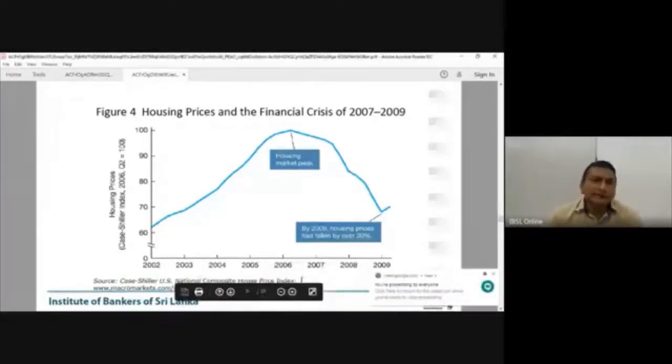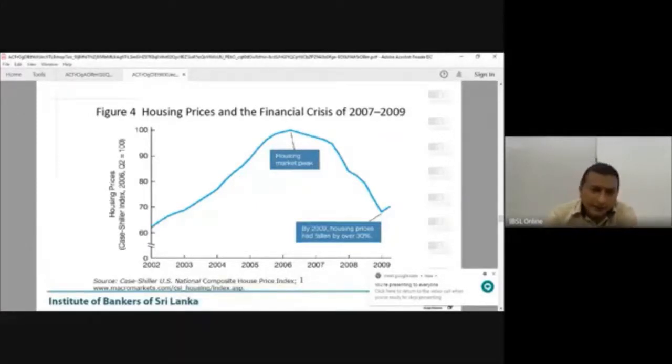You see here the housing price behavior prior to the crisis, as I was highlighting. Again, this is also presented as a price index, where 2006 Q2, where the prices were basically at peak, is maintained as 100.